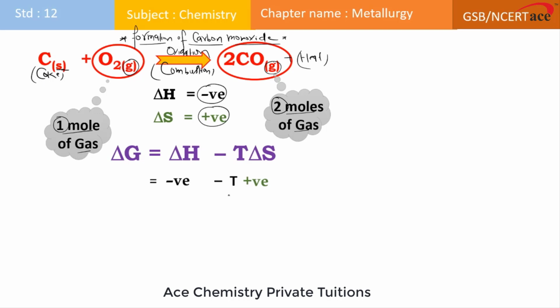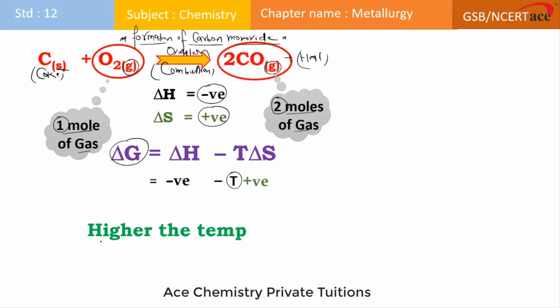So in order to make delta G negative, what should be done with the temperature? Any guesses? Should this formation of carbon monoxide take place at lower temperature or higher temperature?